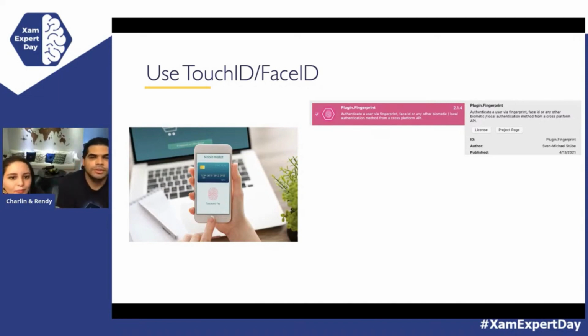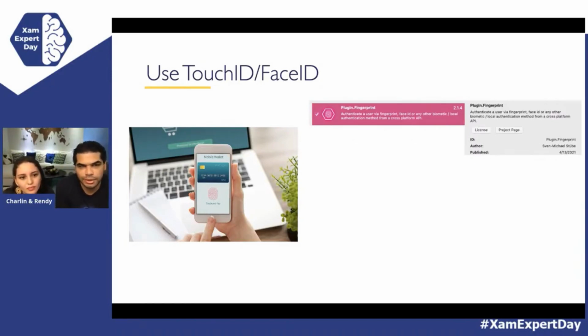TouchID and FaceID. It's something really important to integrate in our applications nowadays. And the reason is because we want to take the user as fast as possible to the home screen. We don't want him to go to the login each time. And the user will be grateful about that, because no user wants to log in.